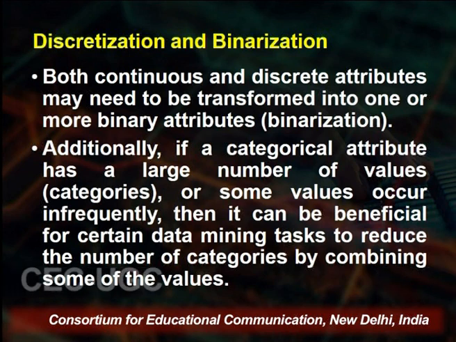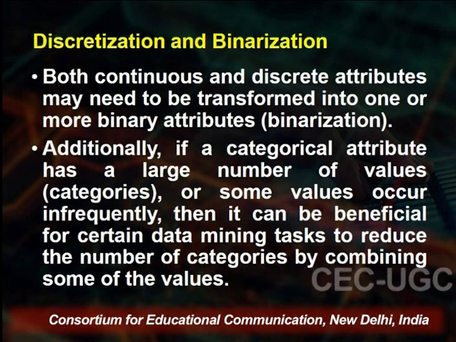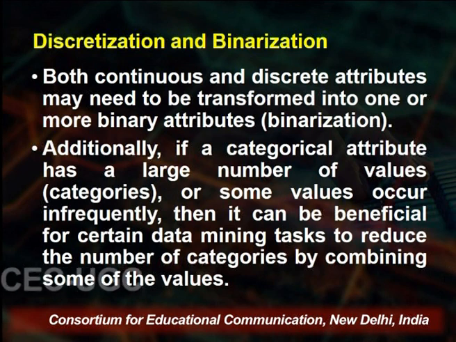So binary attributes means that the attribute will have value 0 or 1. This process of converting the discrete or continuous attribute into a binary attribute is known as binarization. Okay. So two processes are being talked about here. One is conversion of continuous attributes into discrete attributes, known as discretization, and the conversion of both continuous and discrete attributes into binary attributes is called binarization.